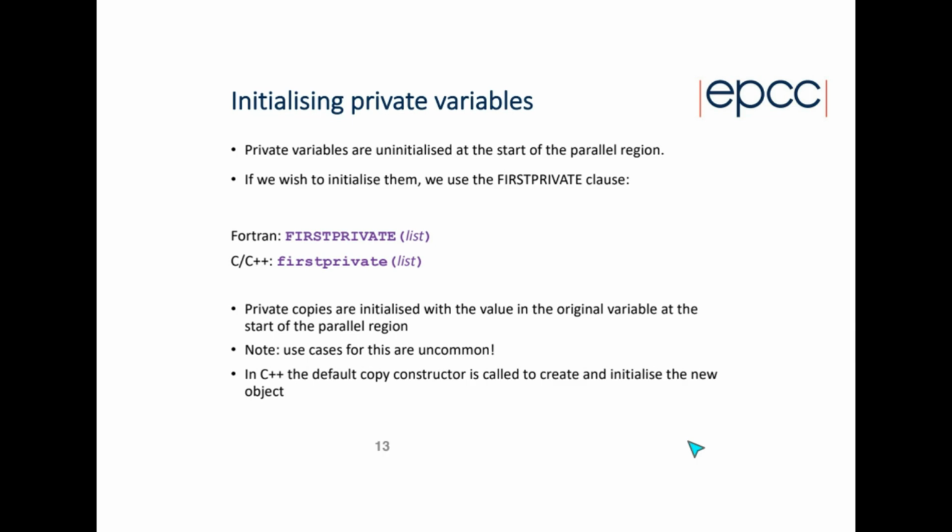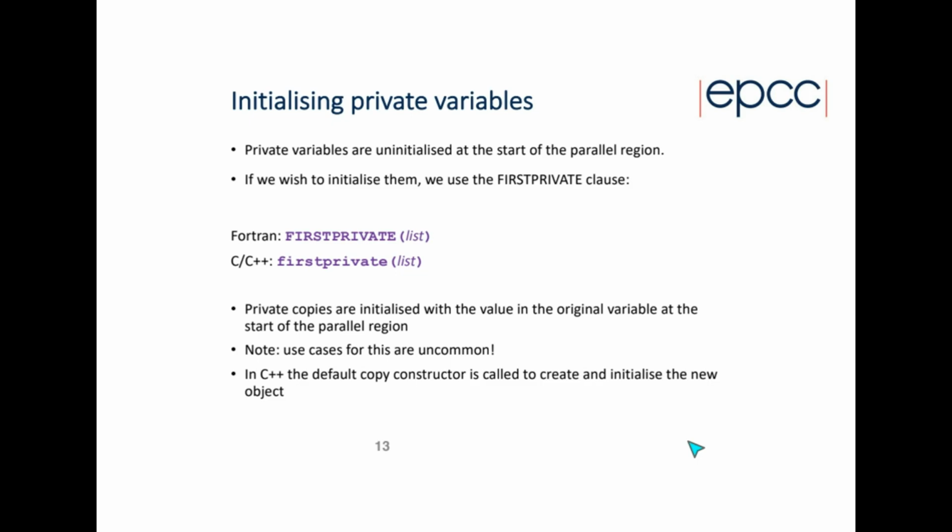Okay, so essentially making private copies is almost free. Not quite, but there is essentially zero cost to making a private copy for every thread. However, if we do firstprivate, then there is some overhead to do with actually copying the values.